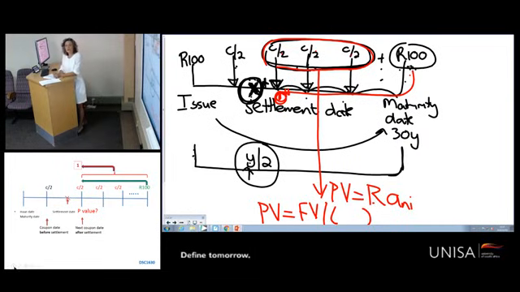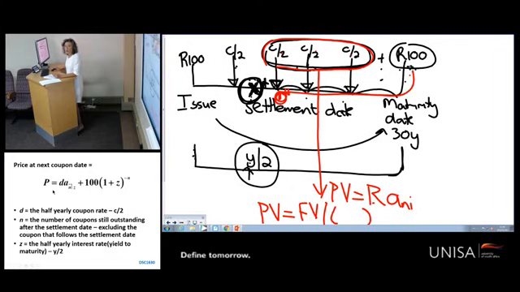There's an indication again giving you a diagram of how you've done it. Firstly, those C over 2, the red, we move back to here, which is the next coupon date. And the 100 Rand, the green value, we also move back to here. And that gives us our present value at the next coupon date.